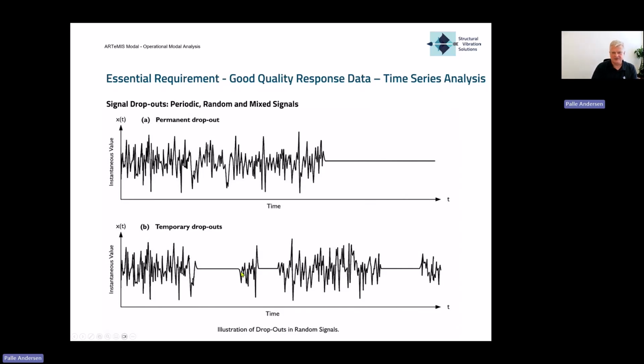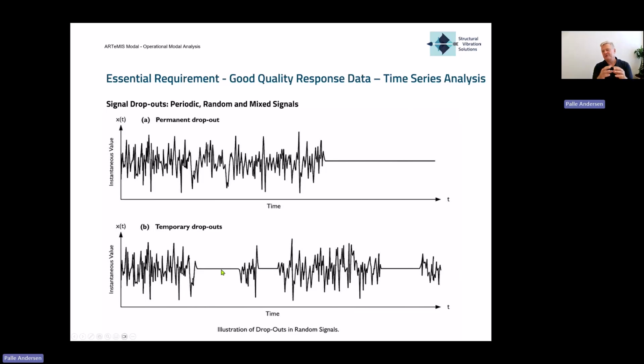And other channels may still be measuring something, but this will be a kind of a nuisance, because if you have too many of these in different channels all the time, when you start analyzing this type of data, you will get serious problems with the mode shapes, because if you analyze this, the mode analysis would assume that this is actually a zero mode shape component, which is not the case. It's just because there's no data available here.